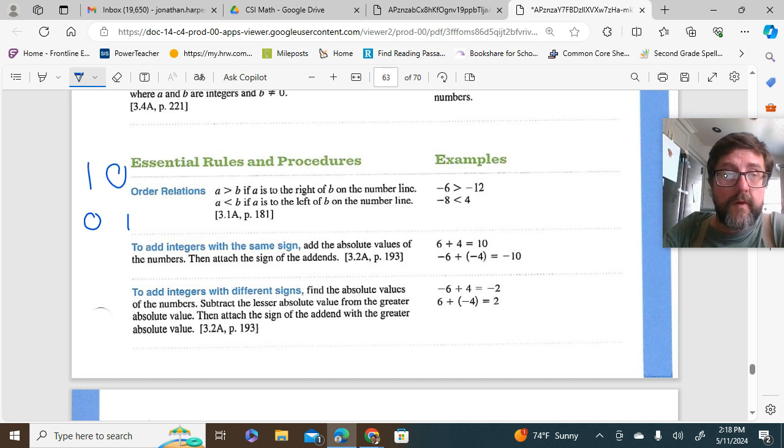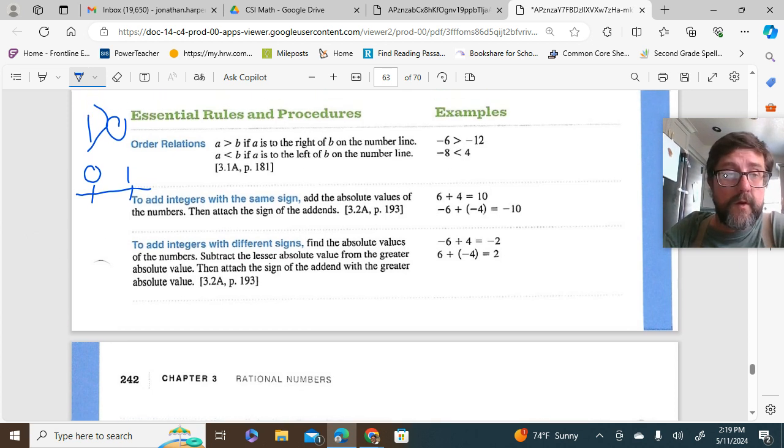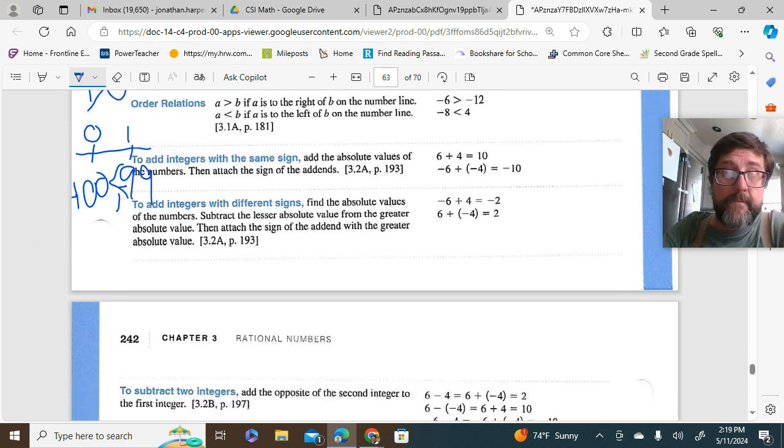If this number, which would have been a, is further to the right on the number line, then it is going to be greater. It doesn't matter if you're dealing with -100 then 99 or -99. -99 is going to be greater because it is not as far from 0. It is to the right.